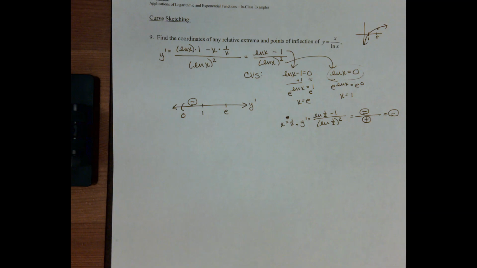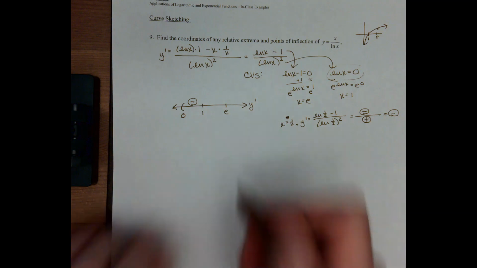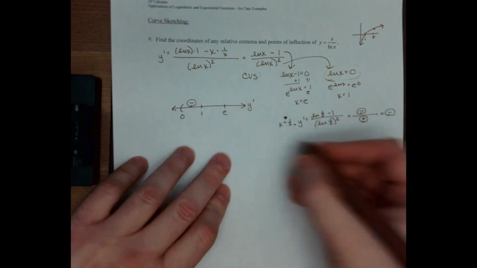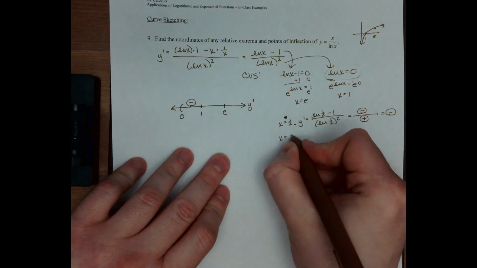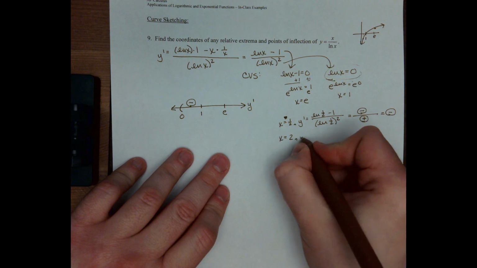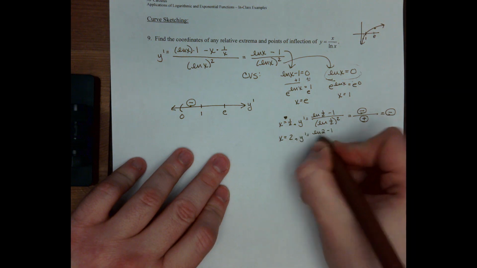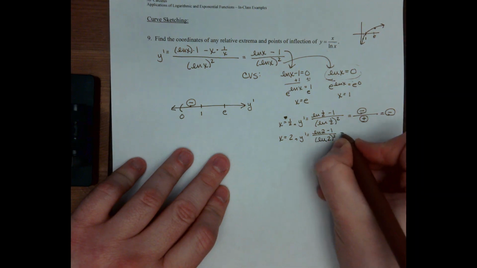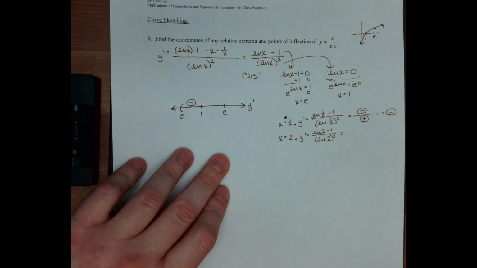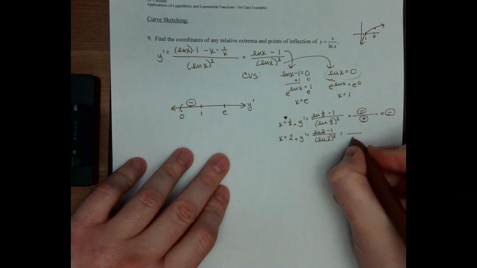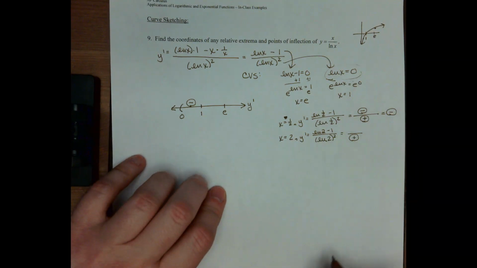I'm going to go through similar logic now in this region and that region. When you plug in 2, you're going to get y prime equals the natural log of 2 minus 1 over the natural log of 2 squared. Again, the denominator is always positive. Natural log of 2 is some positive number.